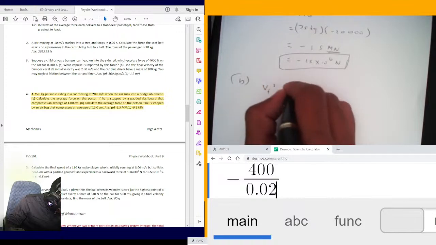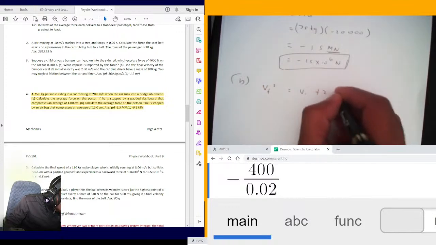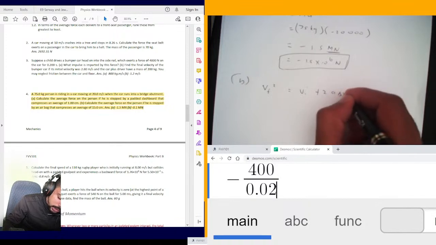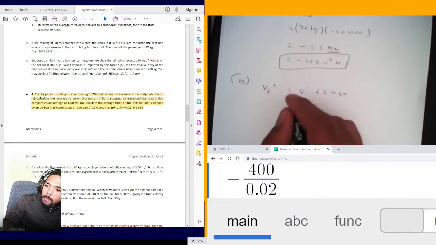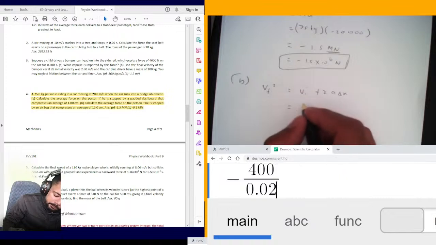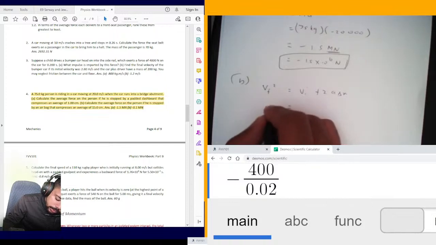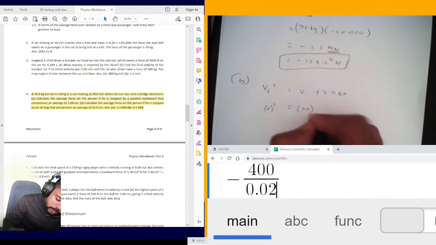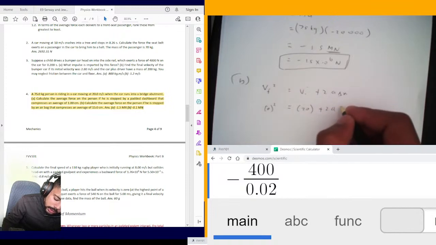Same scenario. The initial velocity squared plus 2 times acceleration times the change in distance. Final velocity is still 0, initial velocity is still 20, plus 2 times we need the acceleration. The change in distance is now 15 centimeters, so 0.15 meters.